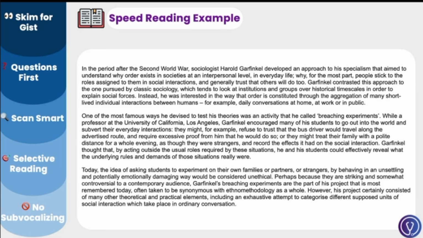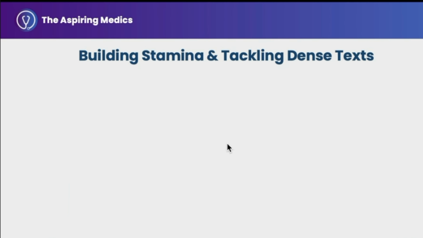That is time consuming, doesn't tell me any relevant information, and will get you reading fatigued very quickly. Instead: professor at the University of California, students go out into the world, subvert everyday interactions, refuse to trust that the bus driver would travel along. I'm picking up the key phrases, getting a general idea of the paragraph, and I don't get tired from reading the whole thing.